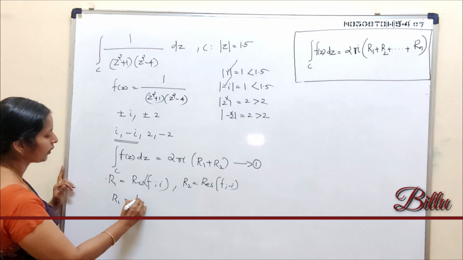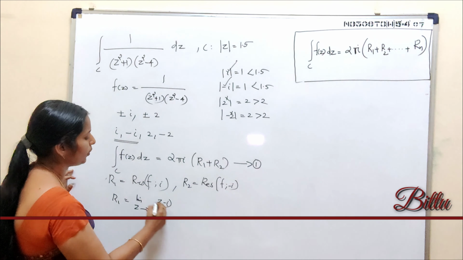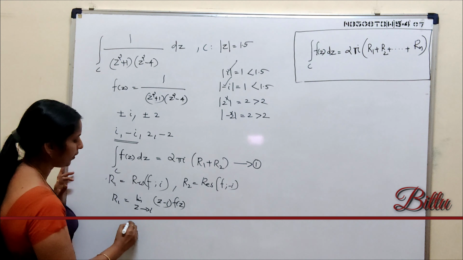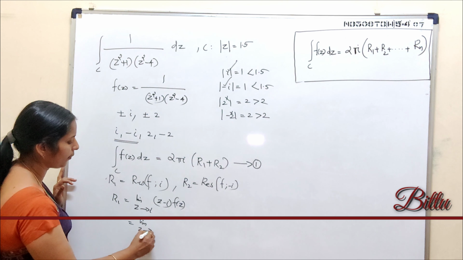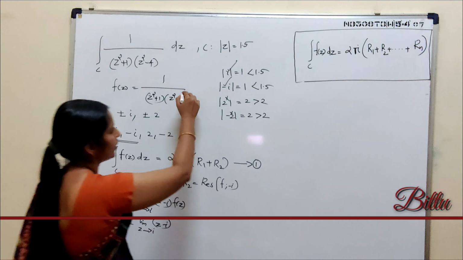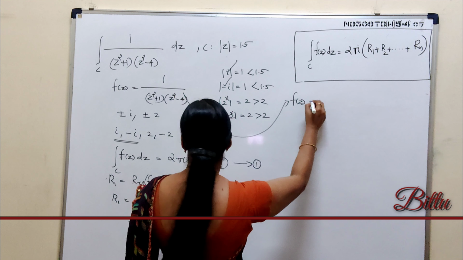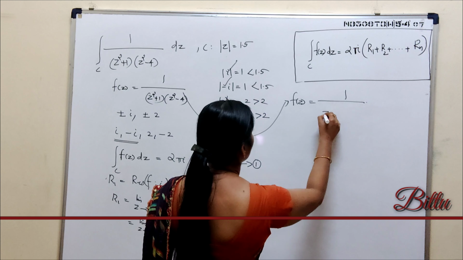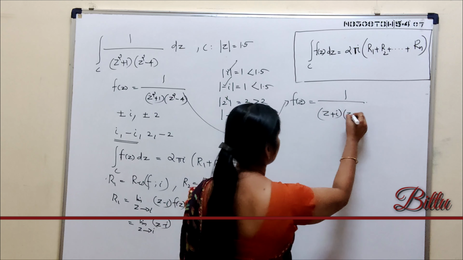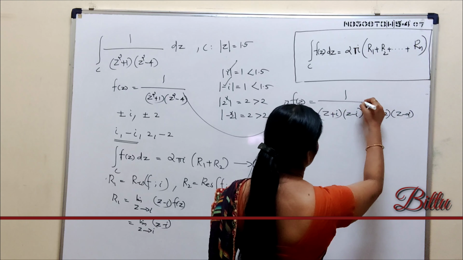R1 equals the limit as z tends to i of (z minus i) times f(z). See, this is our f(z). Then what is its factorization? So f(z) is 1 by (z plus i)(z minus i)(z plus 2)(z minus 2).